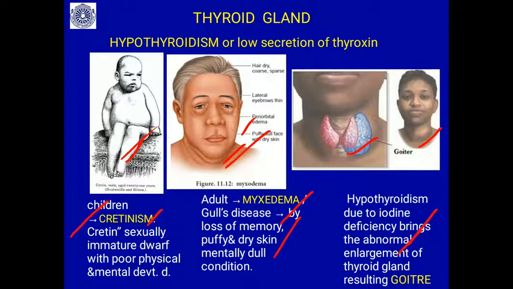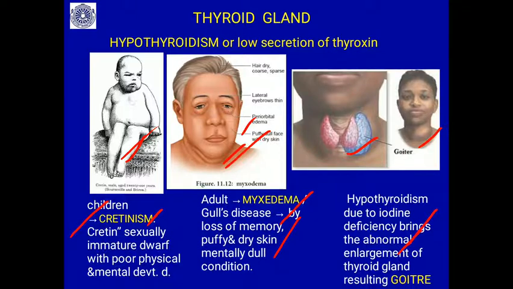Usually the salt we are using for cooking, we have to see that it is iodized. Take care, because the iodine requirement per day for the proper amount of T3, T4 in the blood is about 150 microgram.